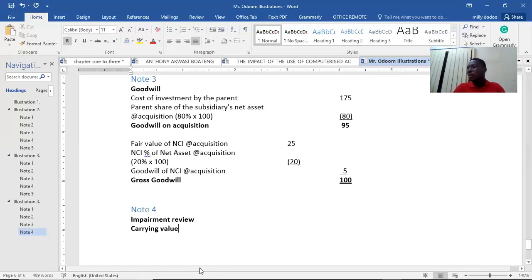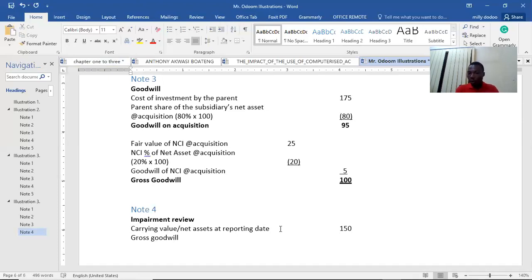And when we talk about the carrying value here, you mean the net assets at the reporting date. The carrying value you pick is your net assets at the reporting date, which is 150, plus the gross goodwill.